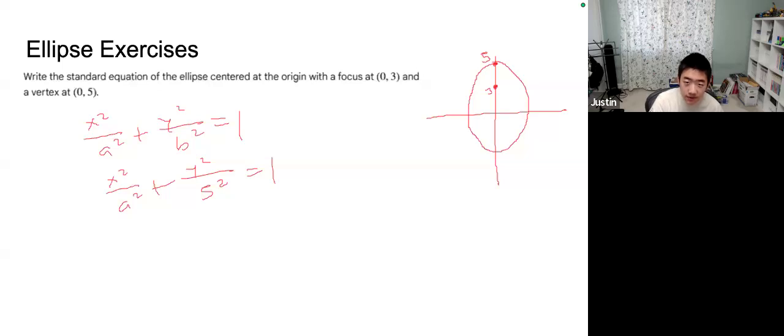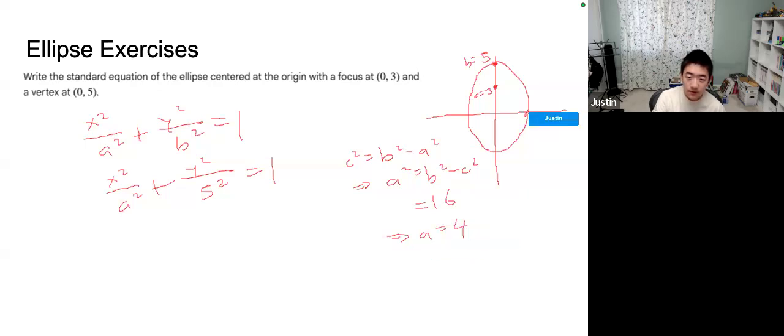Since c equals 3 and b equals 5, and we know that c squared equals b squared minus a squared, that implies a squared equals b squared minus c squared, which is 16, which means a equals 4.